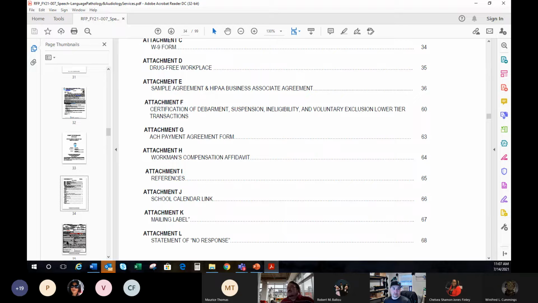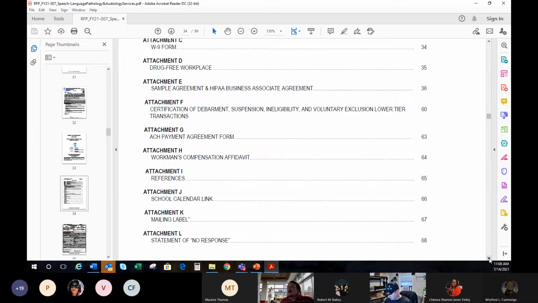Attachment I is important. We need to have this filled out to get any references that you recommend. Attachment J is because this works around schools, we want to provide the proposer the link of the calendar so that they know what the days off for teacher planning days are.